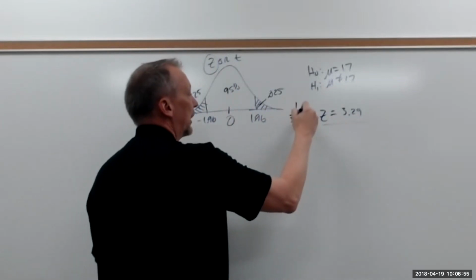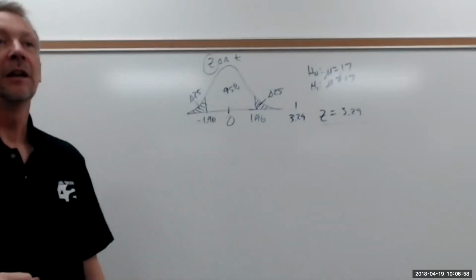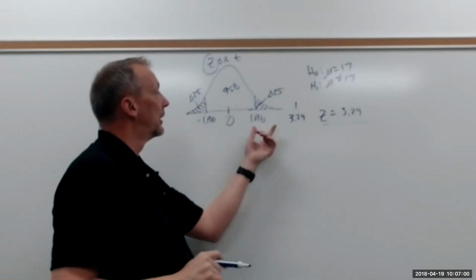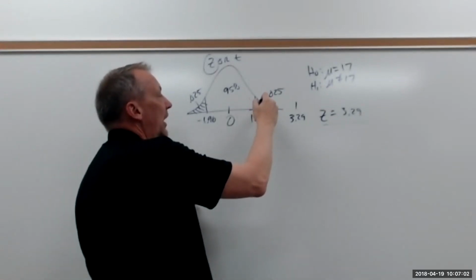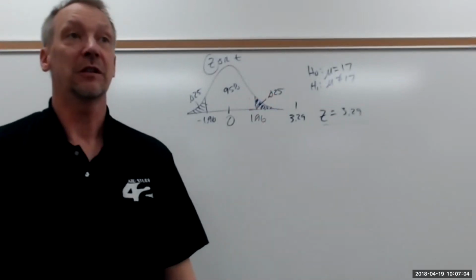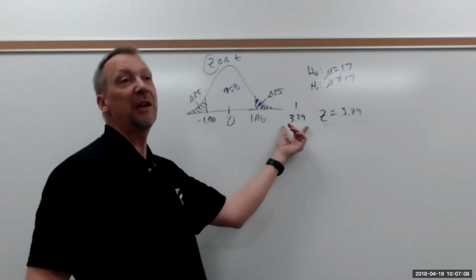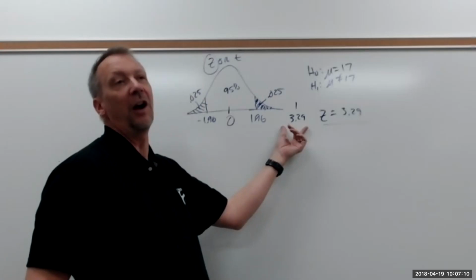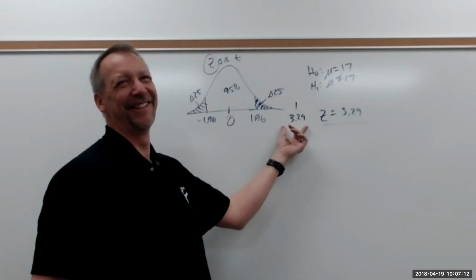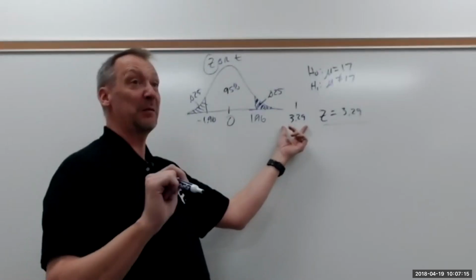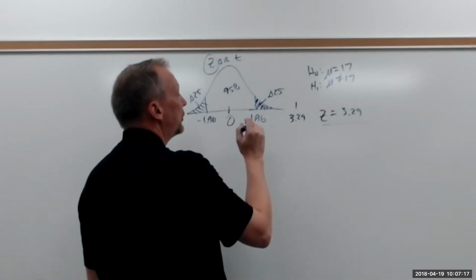That's your 3.29. Now you can think of it, if I'm in the shaded area, I'm in the rejection region. So if you don't want to figure out the p-value, which I want you to, by the way, this is the Khan Academy method. They say, well, figure out what your critical values are.